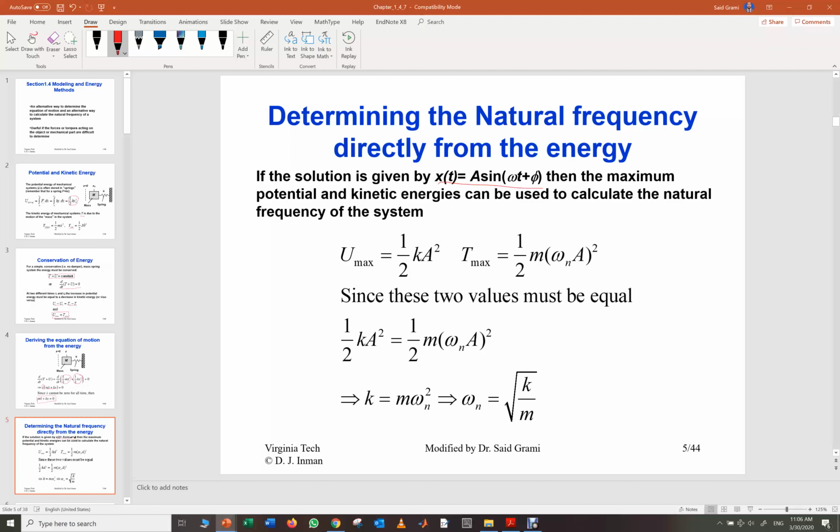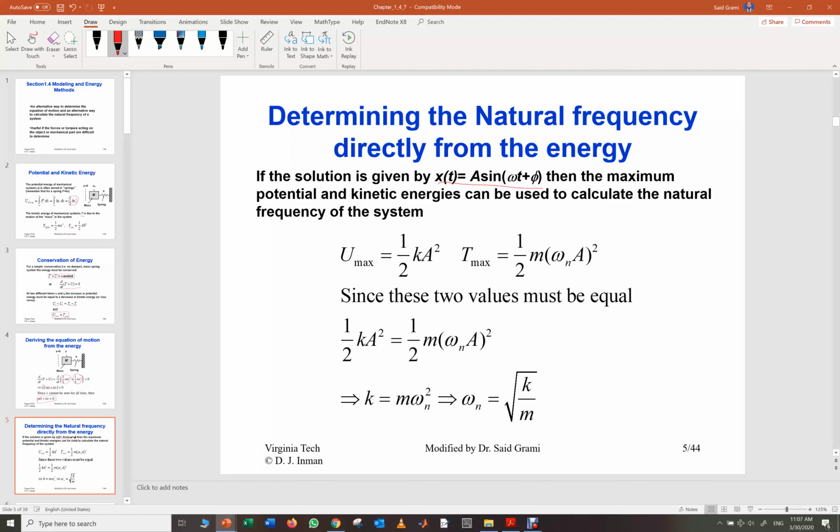So U max, the potential energy, is equal to 1/2 k A squared. This is the maximum value of potential energy. Here we substitute x by A because the maximum amplitude of x is A. For the kinetic energy, it is half m x dot squared.